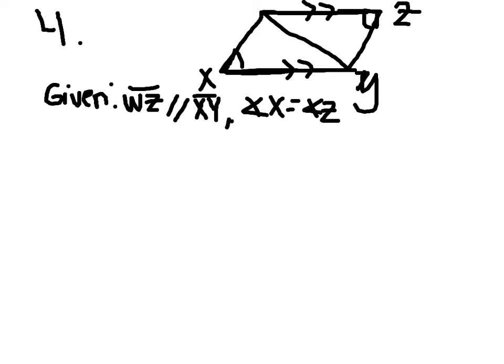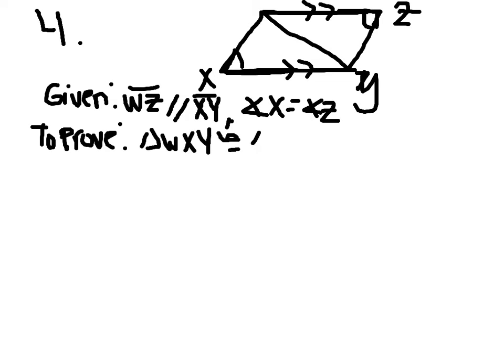Okay, we want to prove that we have triangle WXY is congruent to triangle YZW. Okay, so we see the two triangles right here, and this line is separating the two. We want to prove that those two triangles are equal.